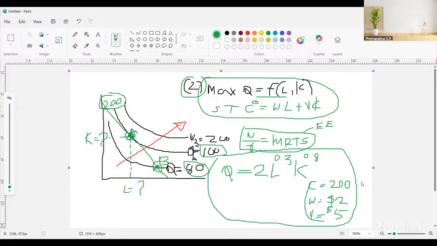The short method, you can look at this condition. This is what we call the first order condition. You can find the MRTS, you can find the price ratio. With that, you can find the L and K, because the cost equation, cost curve is given.